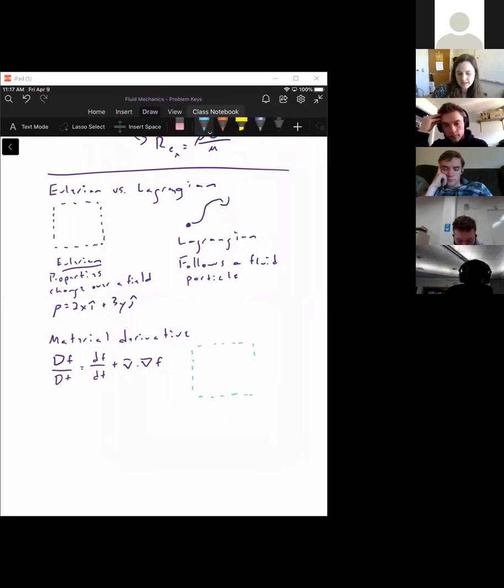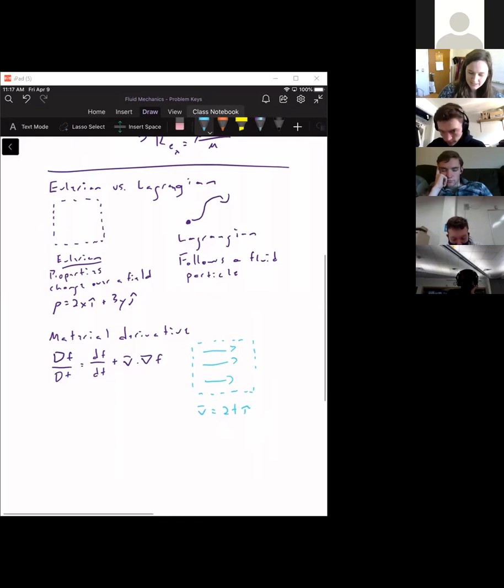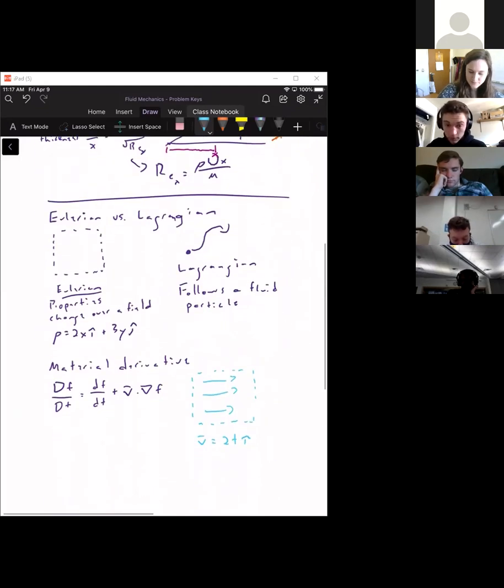And let's say that the velocity through here is equal to 2t i hat. So there's just a positive velocity. Actually, I'm going to say 2xt i hat. That'll make it easier for this example.